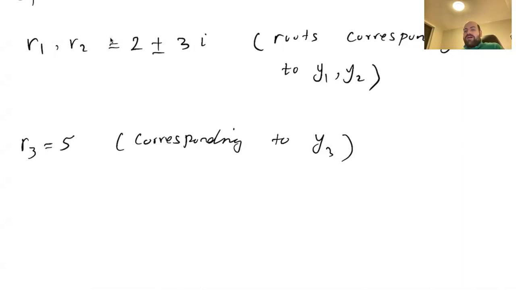So that means 5 is a repeated root. Again, everything that I'm saying is based on the table or the remarks that we mentioned last time: if you have simple real roots, what should we do? If you have repeated real roots, what should we do? Simple complex roots and repeated complex roots.